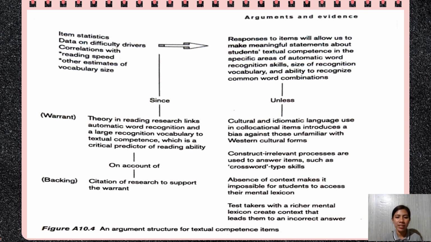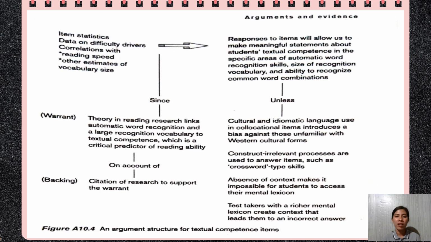While on the right side, which challenges the argument, these test items may not work well if they include idioms or cultural phrases that are biased toward Western cultures. Students may rely on test-taking tricks like crossword puzzle strategies instead of true reading skills.